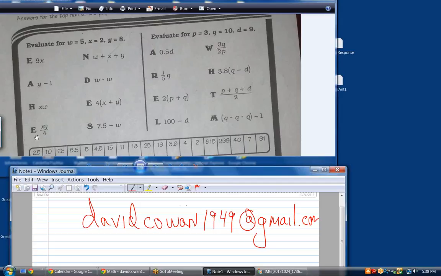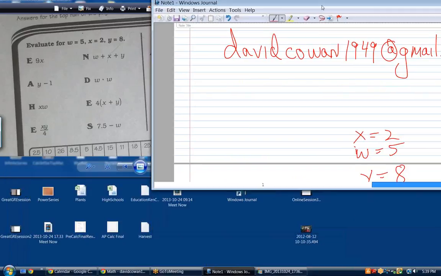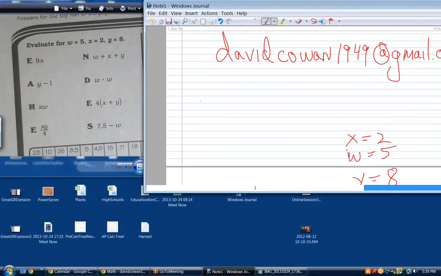What is XY divided by 4? It would be 2 times 8 divided by 4. Do you first multiply? Well, let's figure out the best way to do that. If we have 2 times 8 divided by 4, I can do it 2 ways.